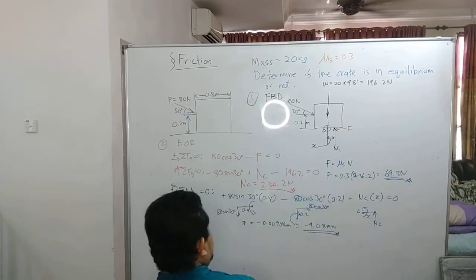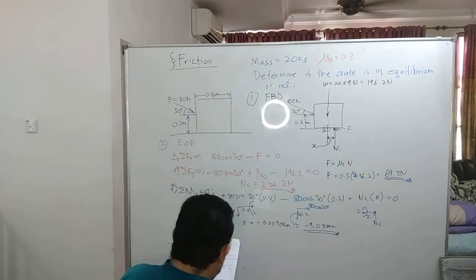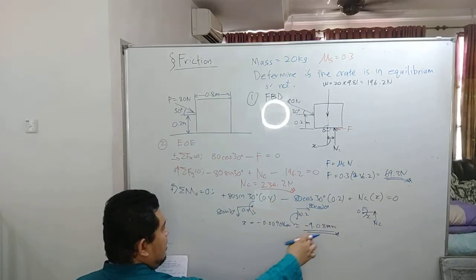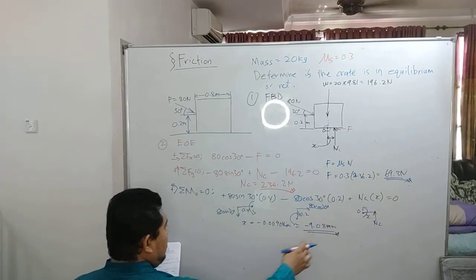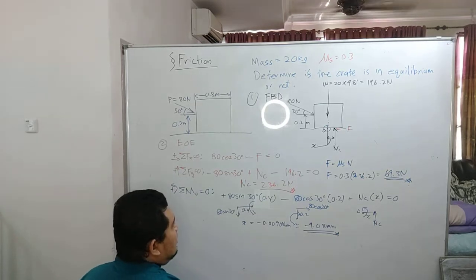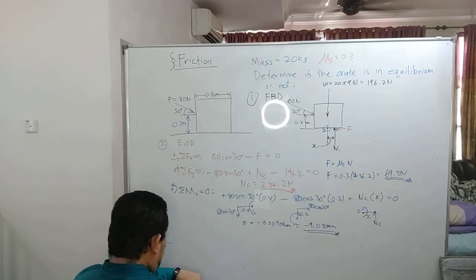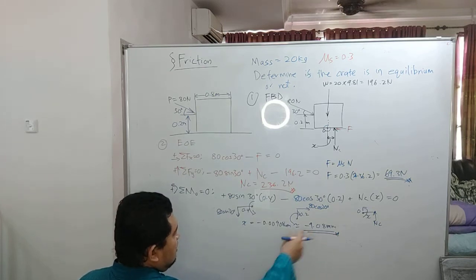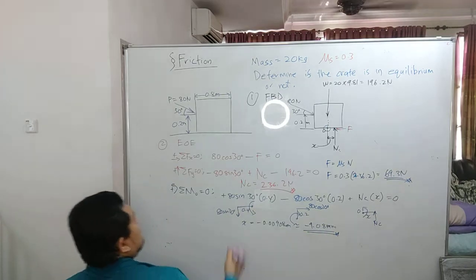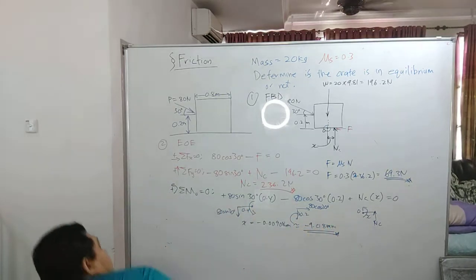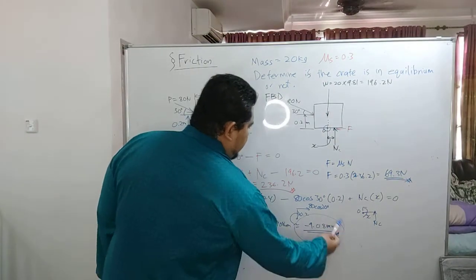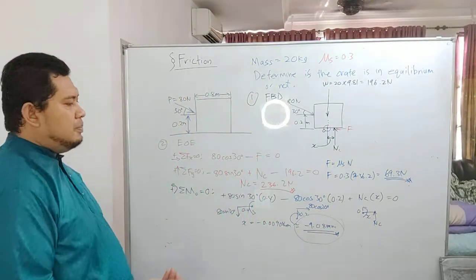So over here you have 69.3 Newton and minus 9.08 millimeter. You can conclude that since the value is negative 9.08, this one should be slipping, impending slipping.